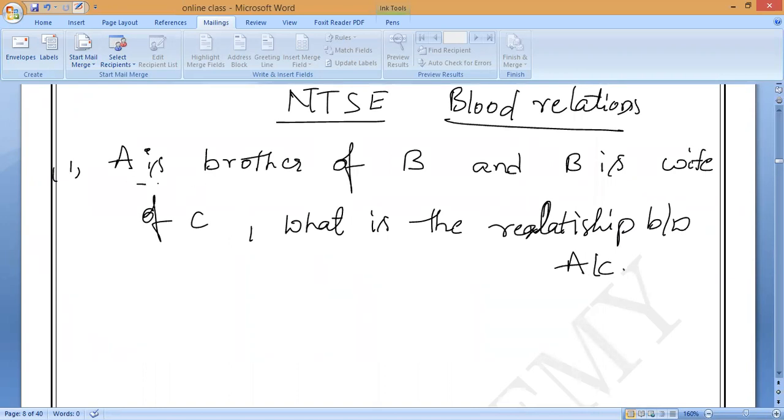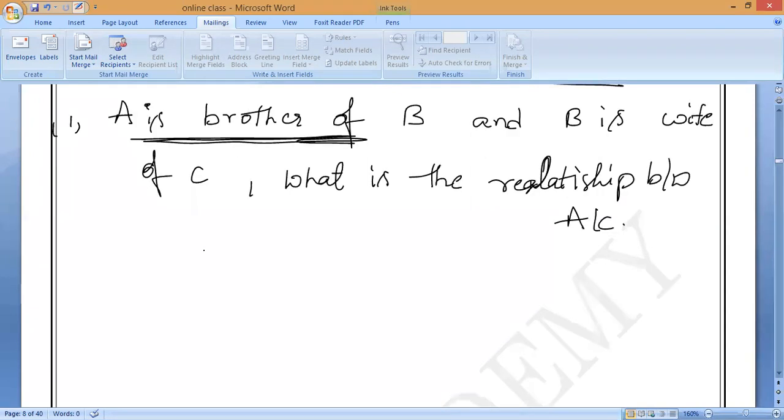A is the brother of B. How to represent brother? Brother means siblings, correct? Brother means male or female? Male.